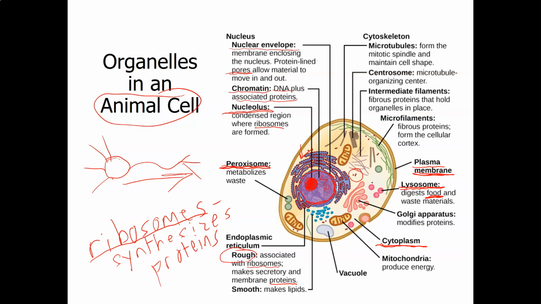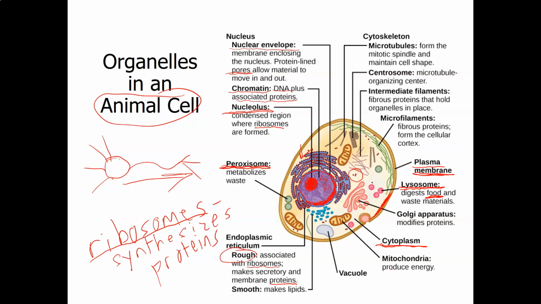So the cytoplasm includes the fluid-filled area, and it includes all of the organelles that you see. Anything that you see between the plasma membrane and the nuclear envelope is going to be the cytoplasm. But then we also have a term called the cytosol, which is just the fluid. And we have that on a slide in a minute, so I'm going to leave it for now.